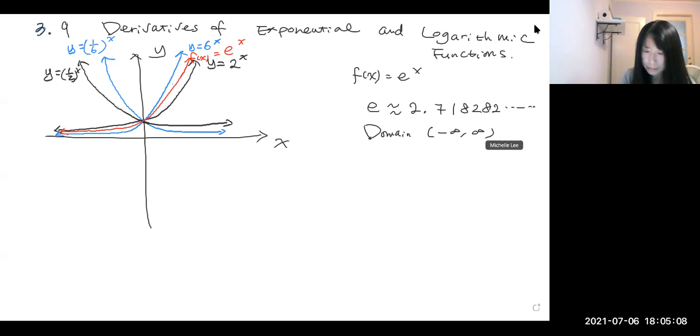The range, positive, yes, good, thank you. So from 0 to infinity. This is an exponential function.